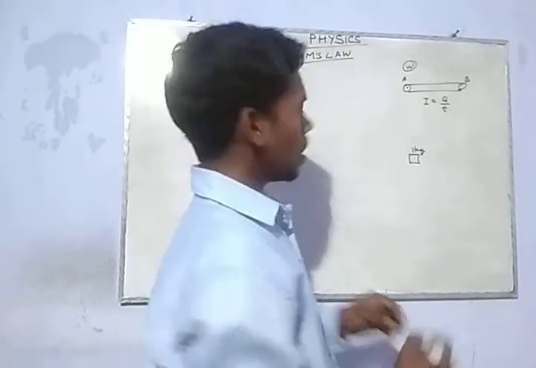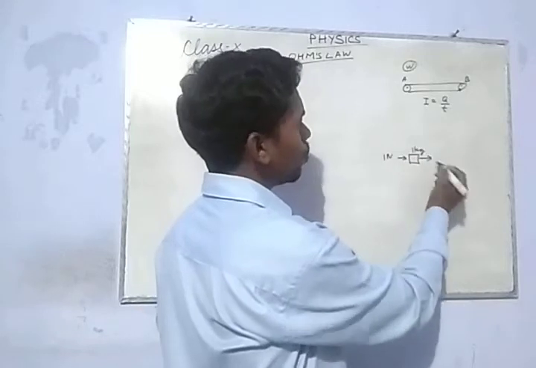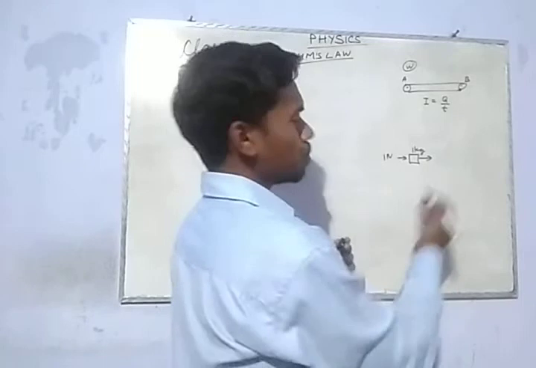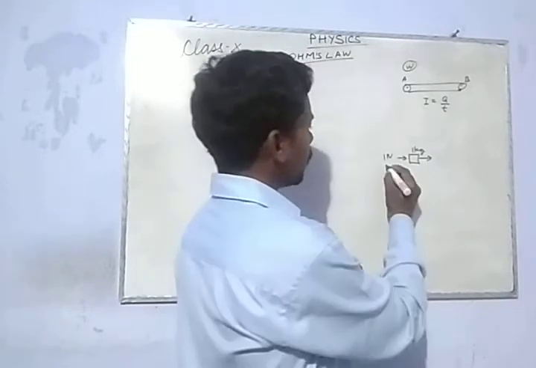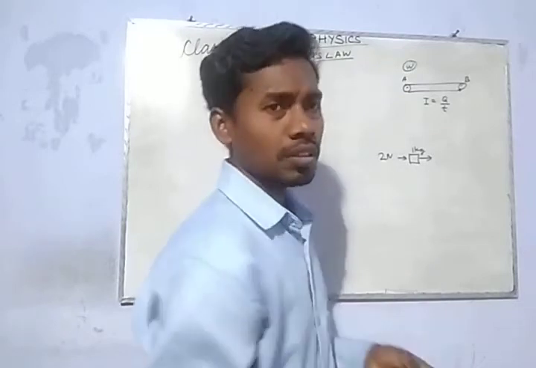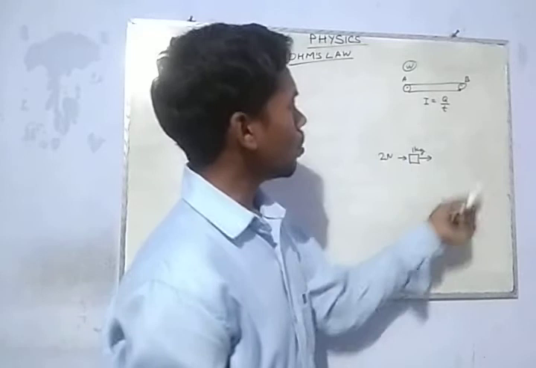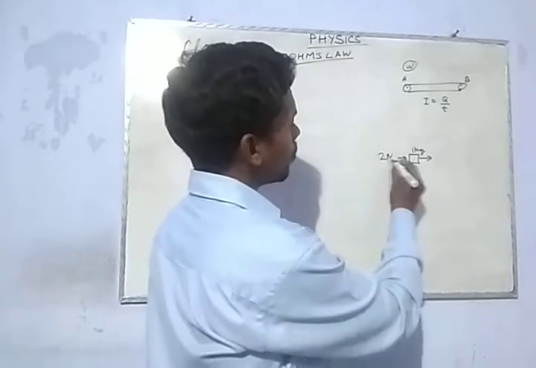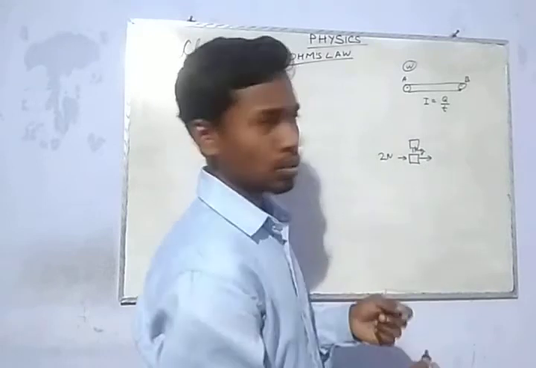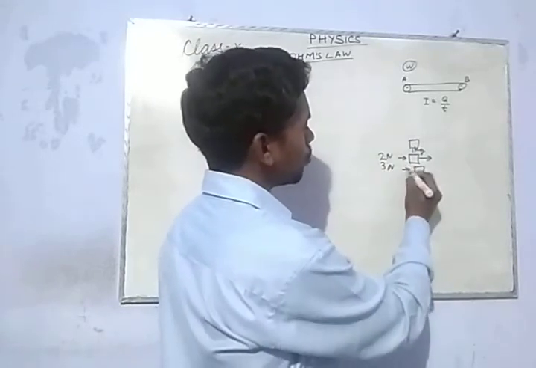Okay. If I apply a force of 1 Newton, it will move with a certain amount of speed. But if I provide it with 2 Newton, obviously I have made more work. That means with the same amount of force, 1 more kg box could have moved. When I applied 3 Newton force, 1 more box could have moved.